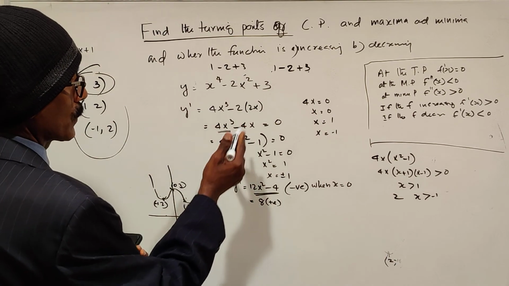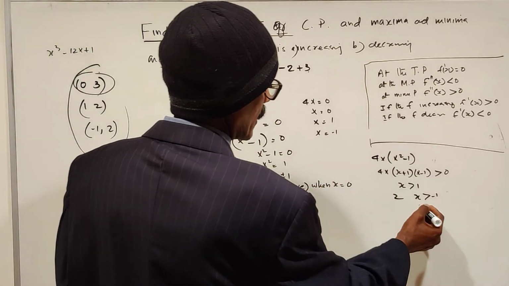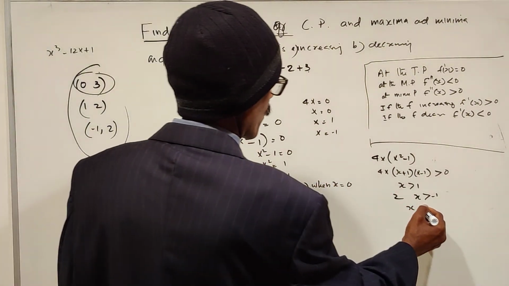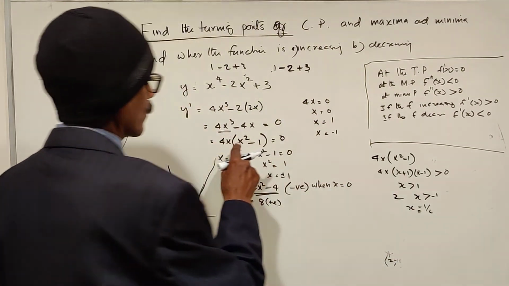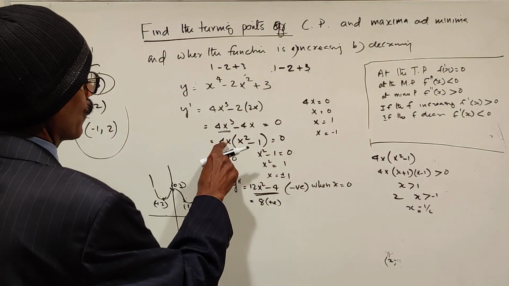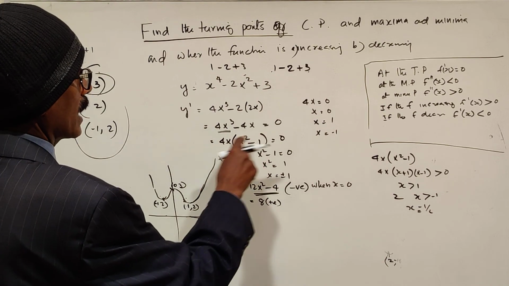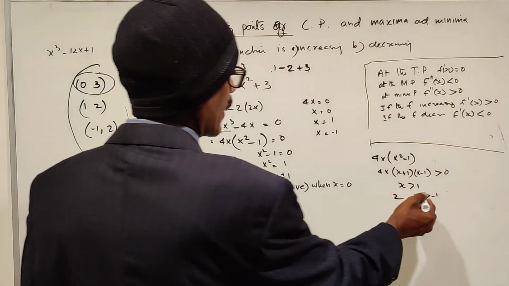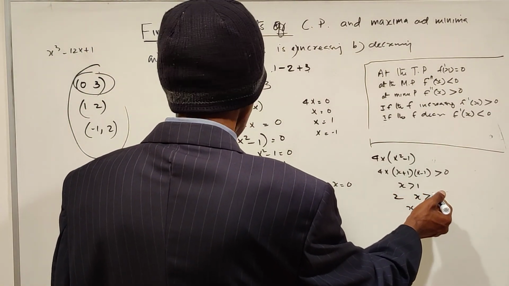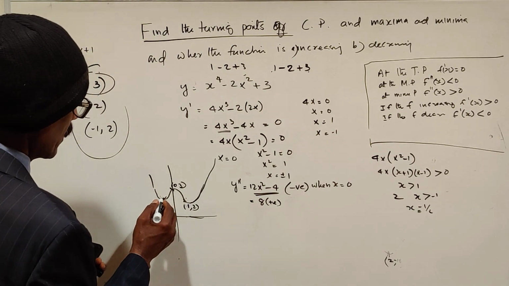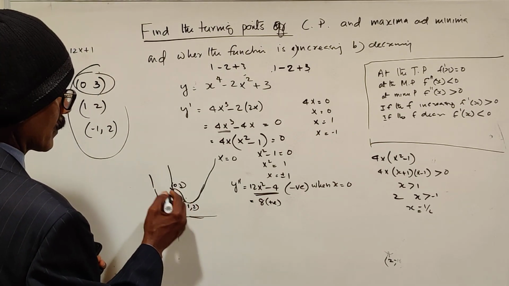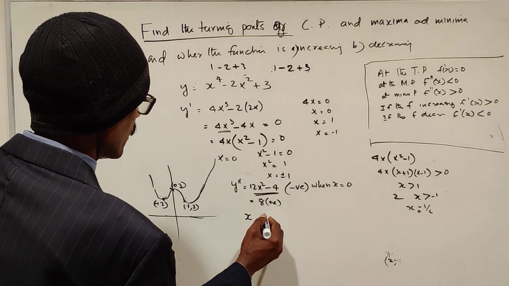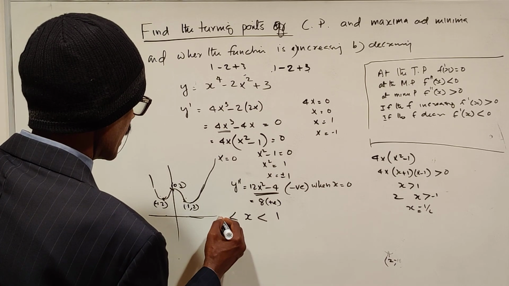Another example, negative half. X is equal to negative half. When you put negative half, 4 times negative half, you get a negative number. So see, in between minus 1 and 1, you get a negative number.